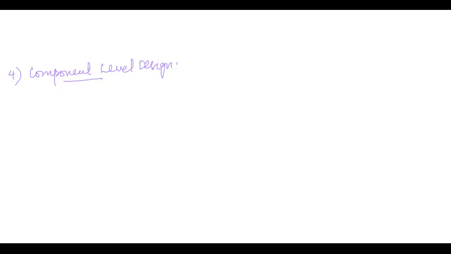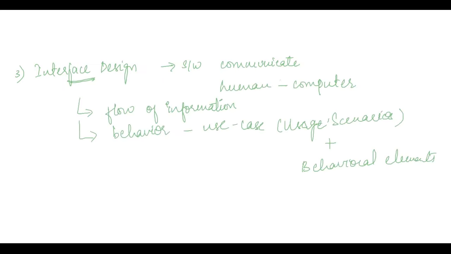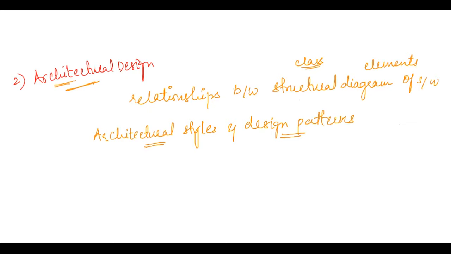Where did we identify the different structural elements? The different structural elements were identified within the architectural diagram. So it is going to transform all the structural elements of the software architecture that were identified within the architectural design into a procedural description.